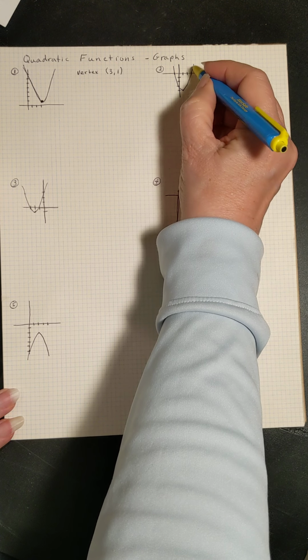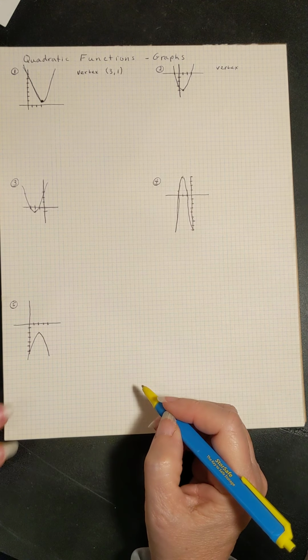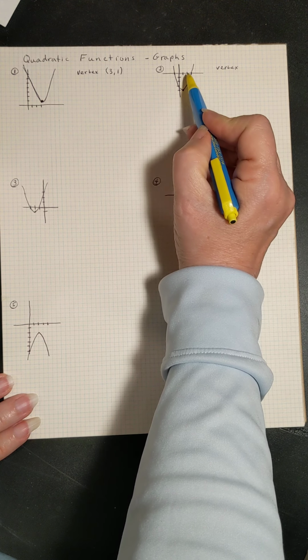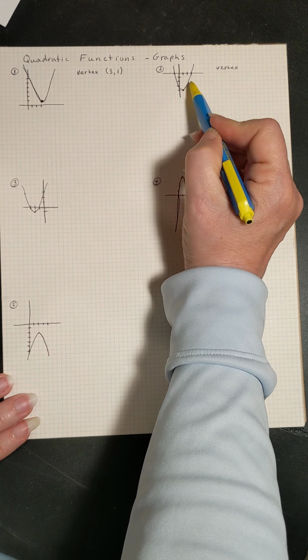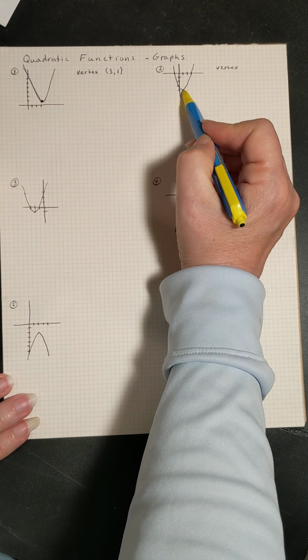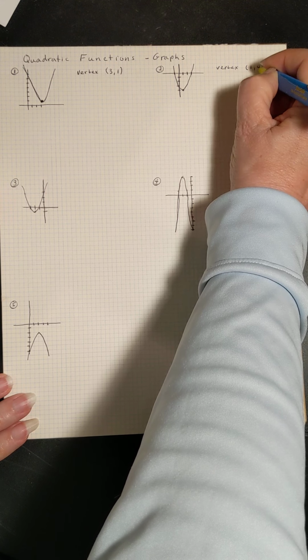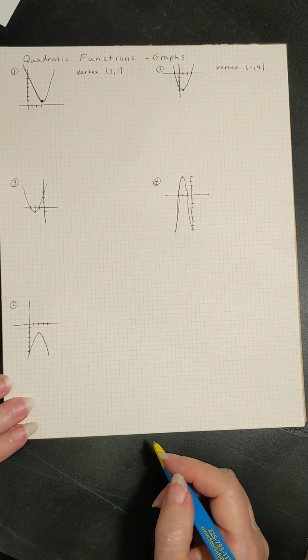Right? This one, looking at, again, this point where it turns around, and again, it's a bottom point. And notice that it goes over 1 and down 1, 2, 3, 4. So over 1, down 4. And so the vertex here is over 1, down 4.